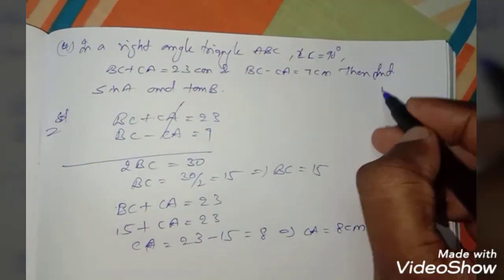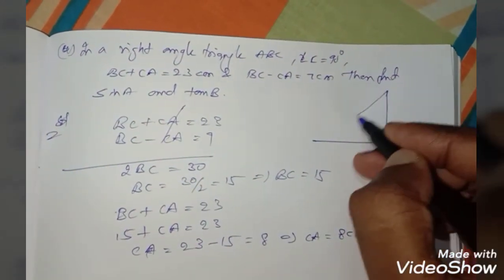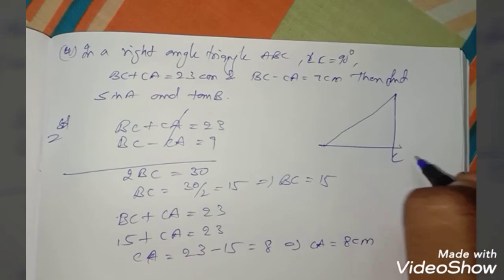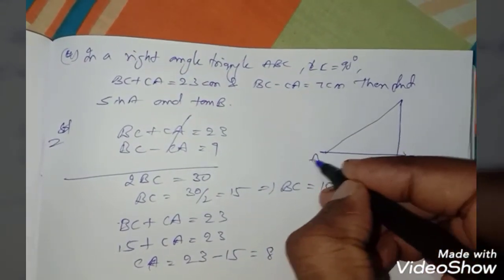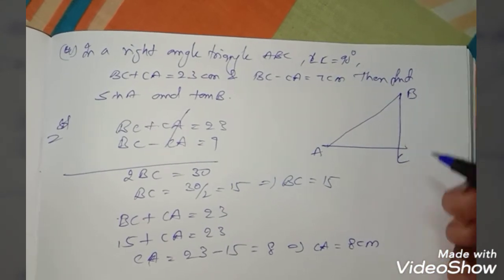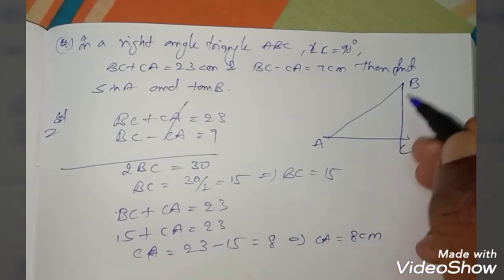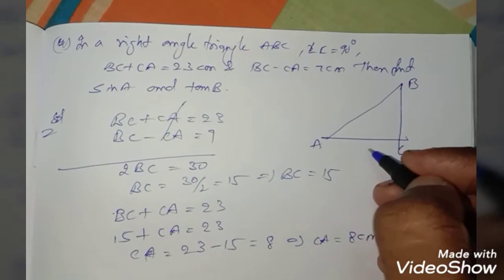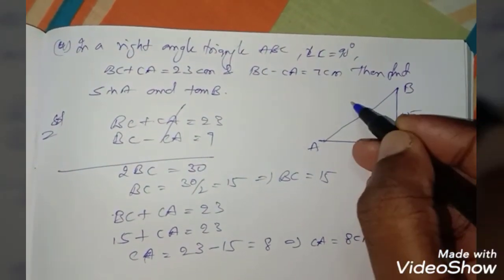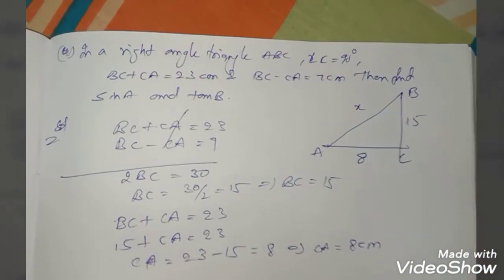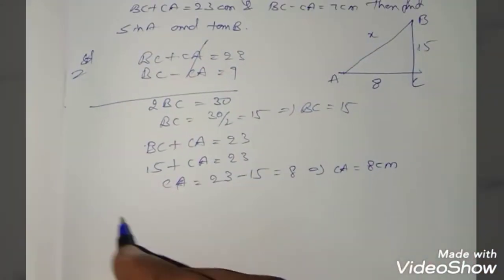Now as per your problem, if I draw the diagram, here angle C is 90 degrees, and if I name this as A, B and C, and whatever values we have got, just place them. CA is given as 8 centimeters and BC is given as 15 centimeters. Now here you need to find the value of the hypotenuse.